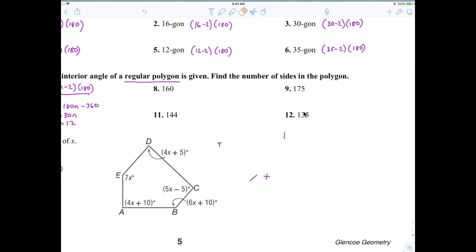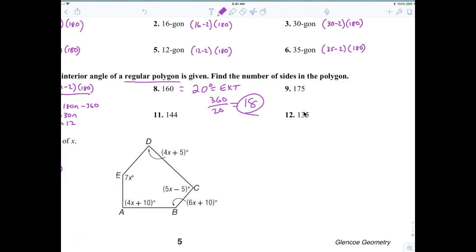Much quicker. If the interior angle is 160, the exterior angle would be 20. 20 degrees is equal to the exterior angle, and then 360 divided by 20 is 18. So the number of sides is 18. Everybody see how much easier that is?